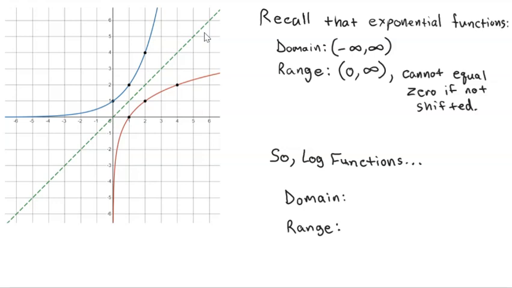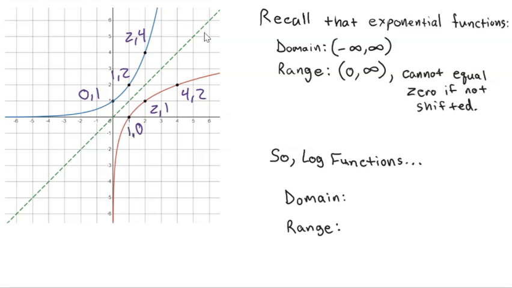You'll also notice that this point right here, which is (2, 4), is a reflection of the point (4, 2). This point is (2, 1), and this point is (1, 2). This point is (0, 1), and this point is (1, 0).